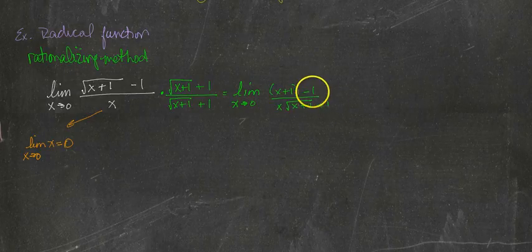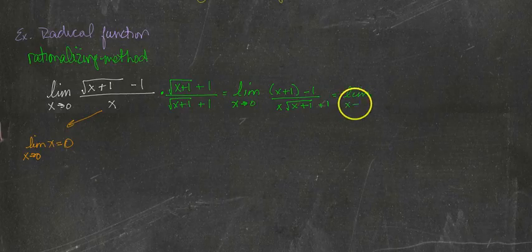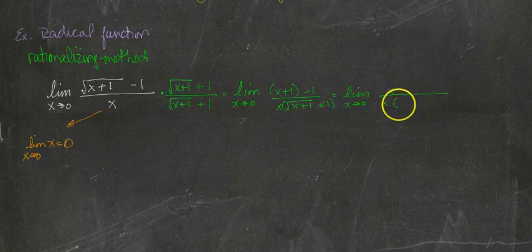Well, in the numerator, and I'm going to write it all the way out, I lose the 1's and I'm left with just an x. In the denominator I have that x factor times the rest. My x's cancel, and now I no longer have a problem with my denominator.